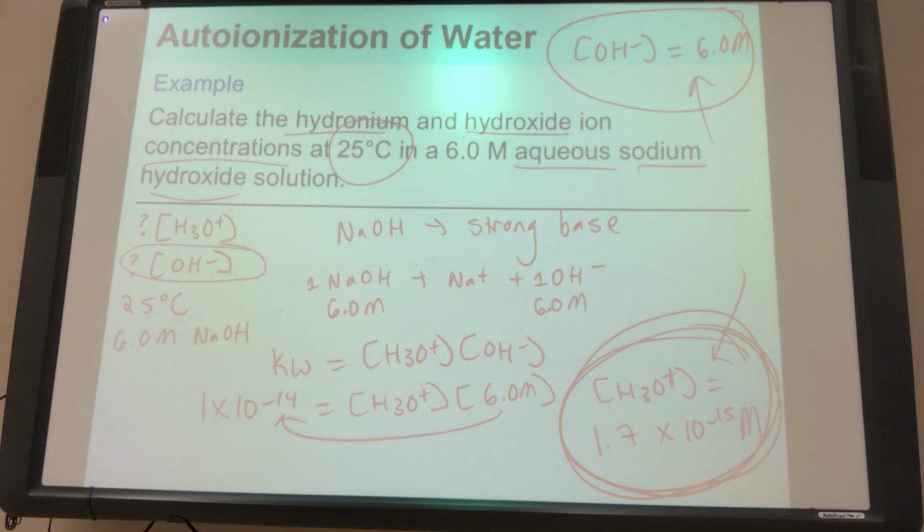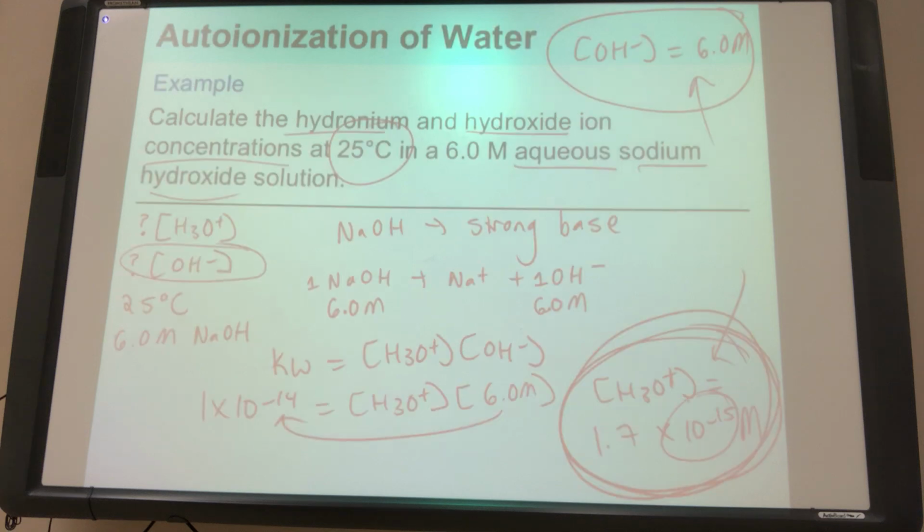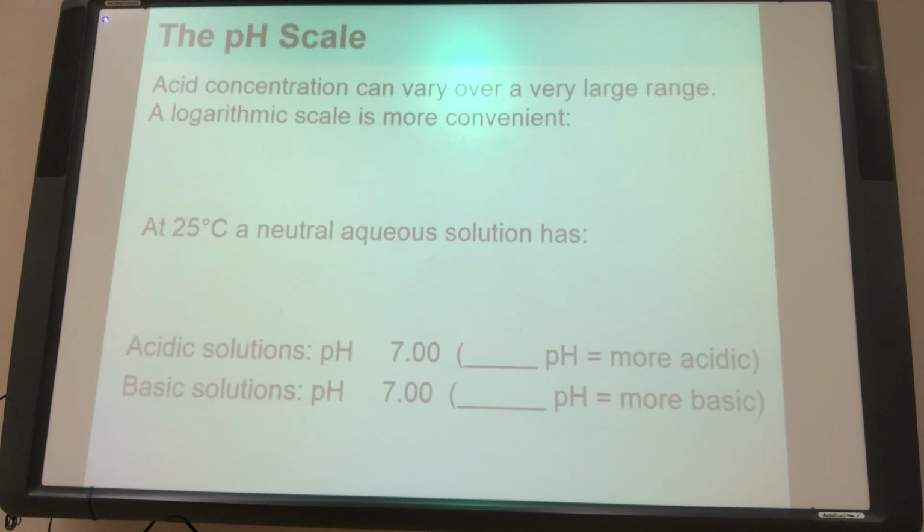I need something that puts this really small number into units that are a little more manageable. So I'm going to put this in a logarithmic scale, because the logarithmic scale is going to take these 10 numbers and make them more manageable, shrink it down. Because my concentrations can vary over a large range, we're going to use a log scale.